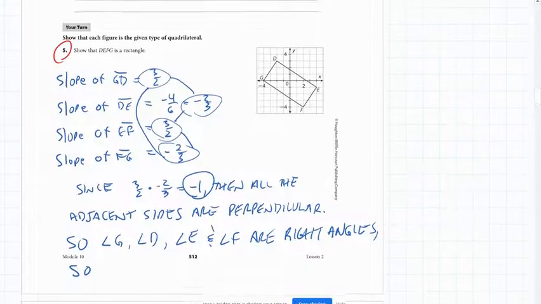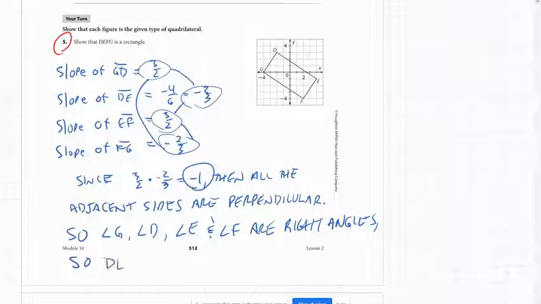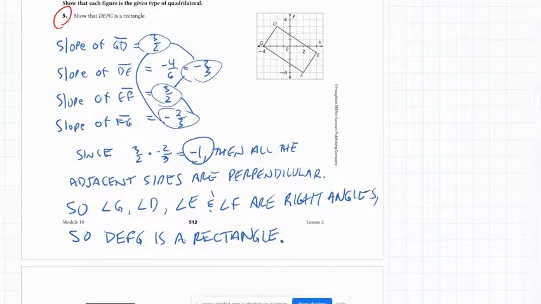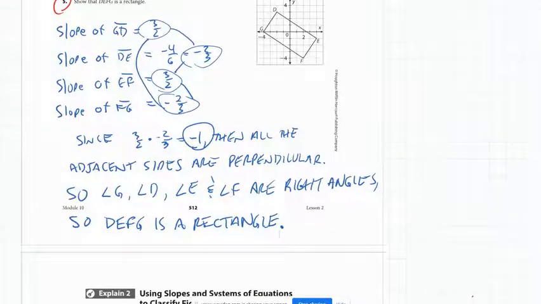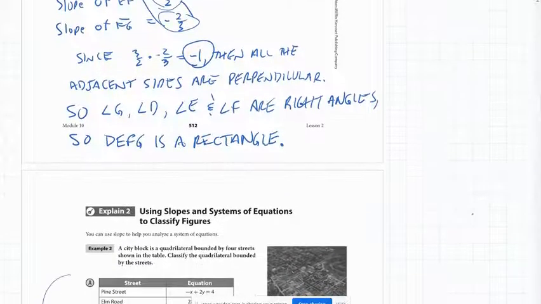So DEFG is a rectangle. And that's all you would have to show to prove that DEFG is a rectangle.